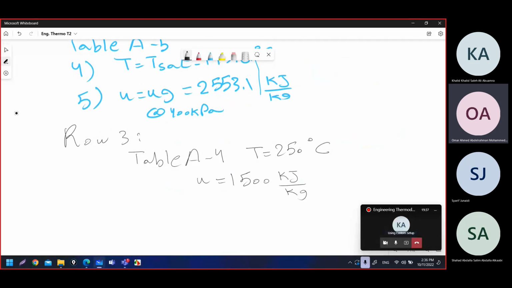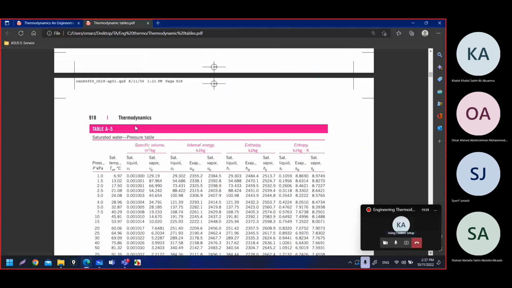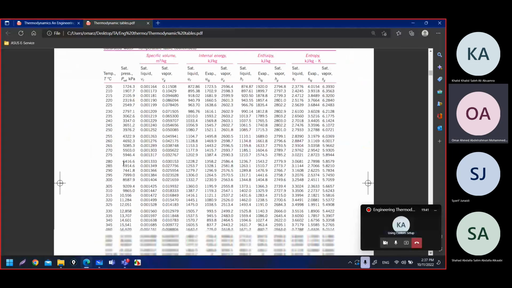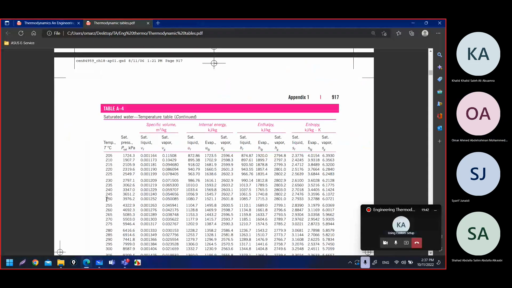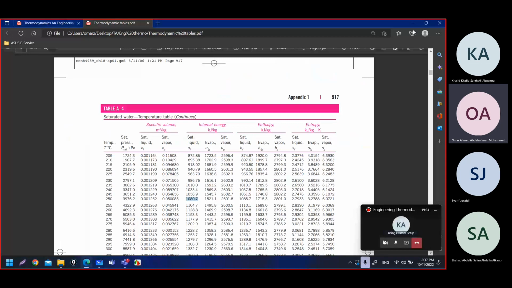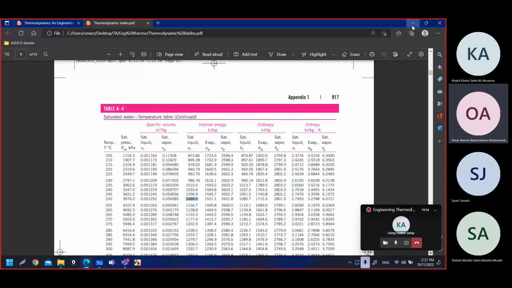So let's go to table A4, 250 degrees Celsius, and compare my U. U is less than Ug. My U is 1,500, and it is higher than Uf. So it is a saturated mixture state.